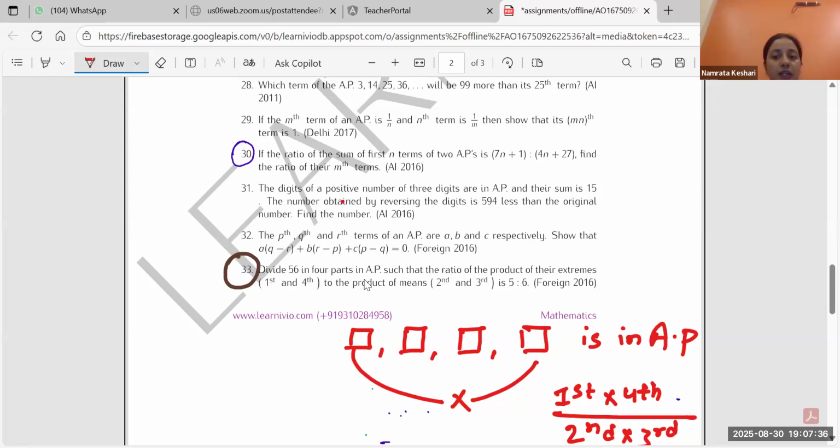The ratio between the product of the first and the last one divided by the middle two terms multiplied together is given as 5 is to 6. Hence, we have to find the 4 terms. Making sense? Yes, ma'am. Please try it.